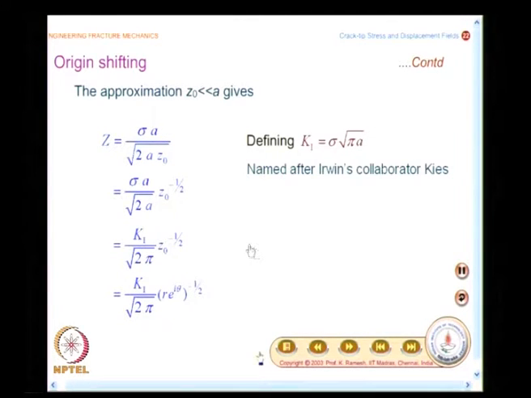That is what we are proceeding at. And we would also look at a basic definition of what a stress intensity factor is, because we have the Westergaard stress function. The moment I write the stress function in this way, you should recognize that, because we have said z naught is very small compared to the crack length, this will provide you only a near tip stress field.